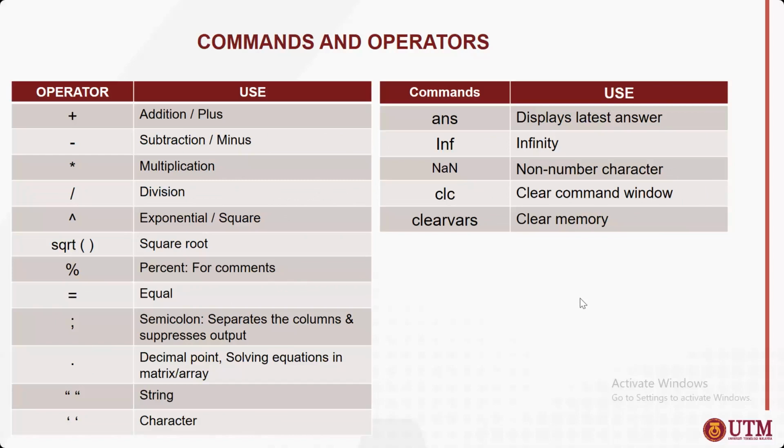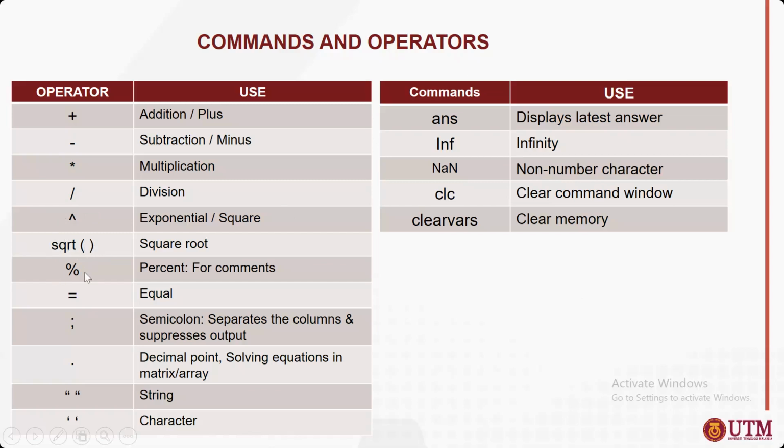Subtraction, you use your minus. Multiplication, you use your star. And for division, you use a slash. And usually for squares, we use the exponent 2 symbol, but in MATLAB, we use this exponent symbol. And as for square root, you just type sqrt, and in brackets you enter the number which you want to square root.